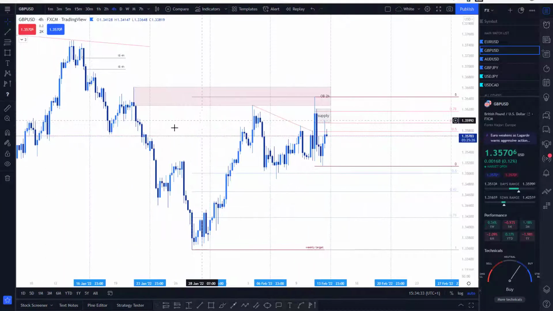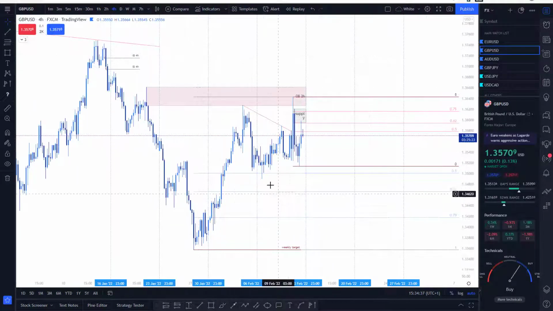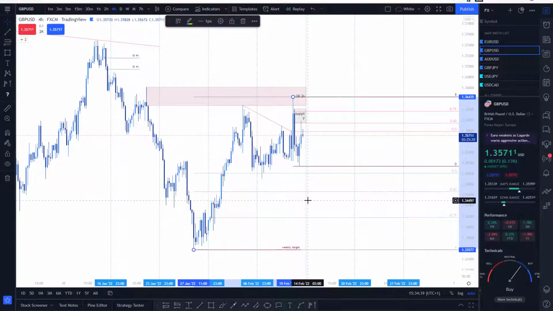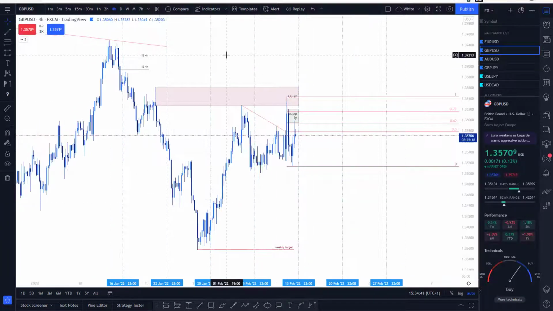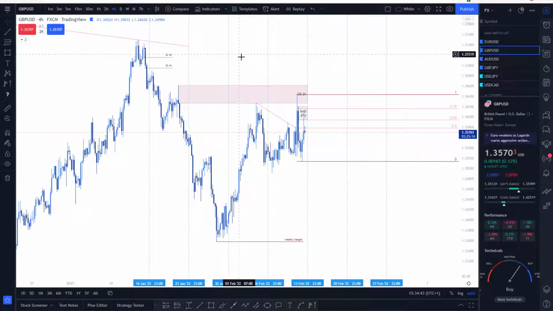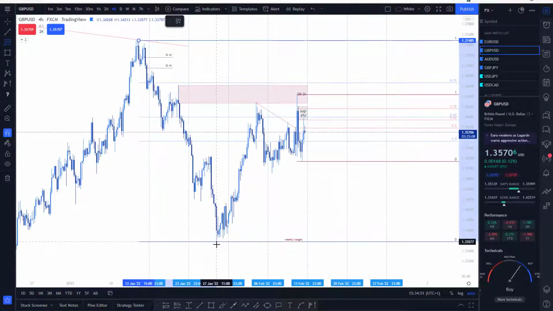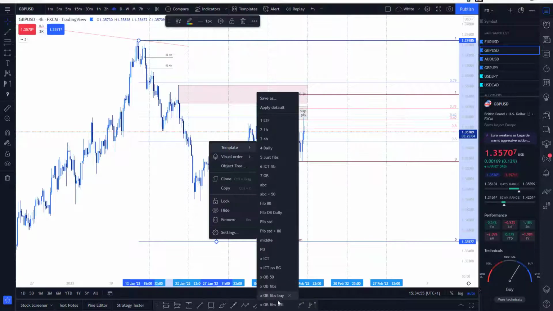Okay, so let's put the FIBs first on this last move down. From high to low, these are sell FIBs.